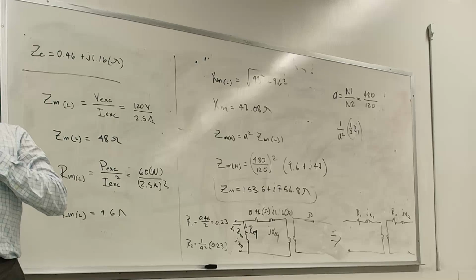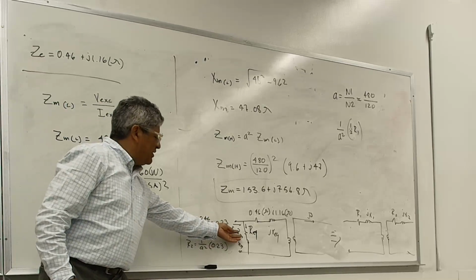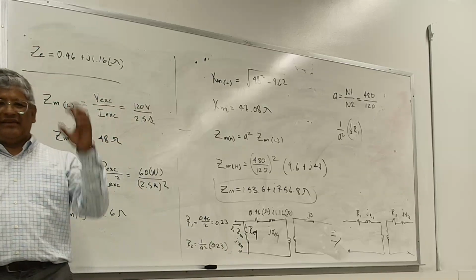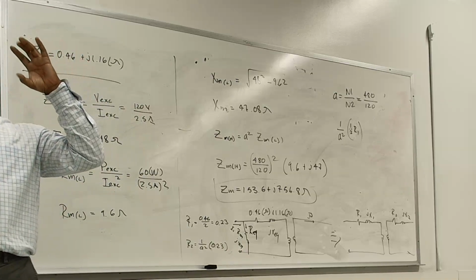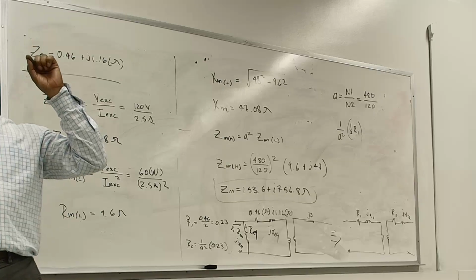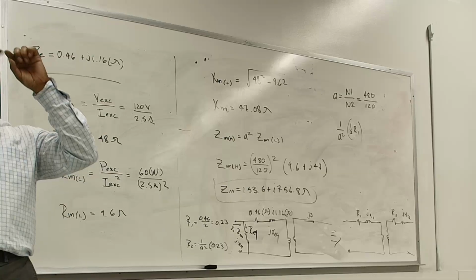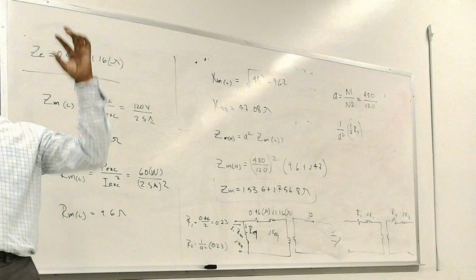Remember when I was talking about how this is really capturing the flux leakage. We talked about the lines of flux, the ones that don't stay inside the core and escape to air.